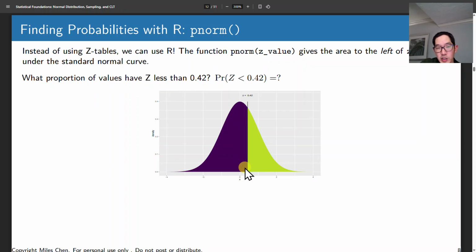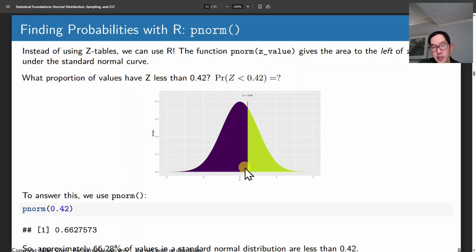Exactly how much? Eyeballing, something around 60-something percent. And if you type in pnorm 0.42, it says around 66%. So around 66.28% is less than 0.42.